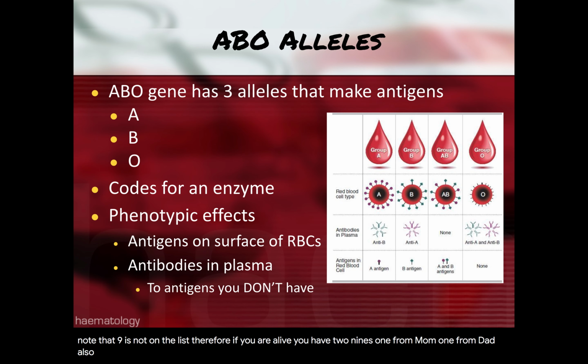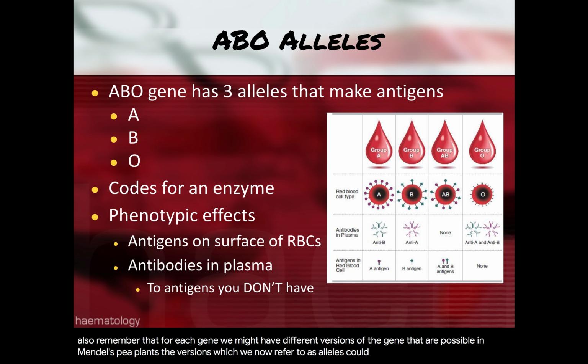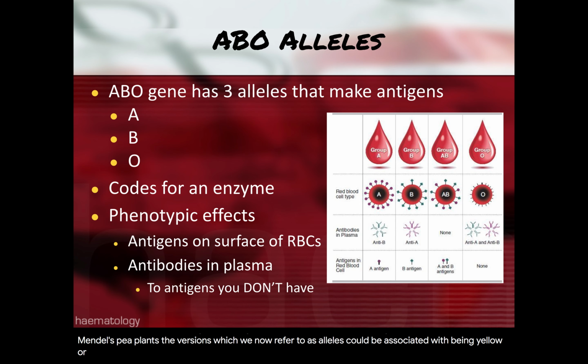Also, remember that for each gene, we might have different versions of the gene that are possible. In Mendel's pea plants, the versions, which we now refer to as alleles, could be associated with being yellow or green, round or wrinkly. In humans, with the ABO gene, the alleles are A, B, and O, and those are associated with the antigens that you make, as well as other things.